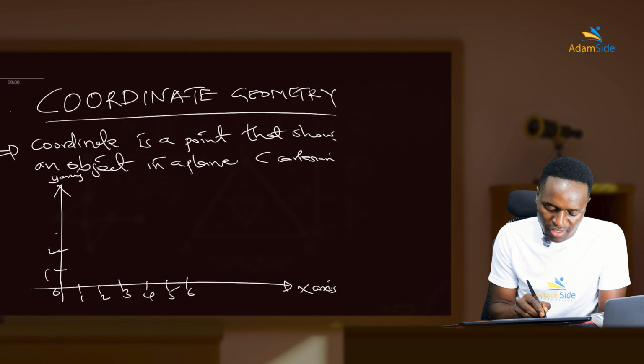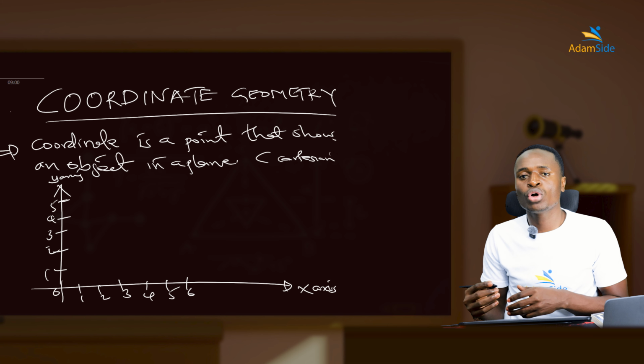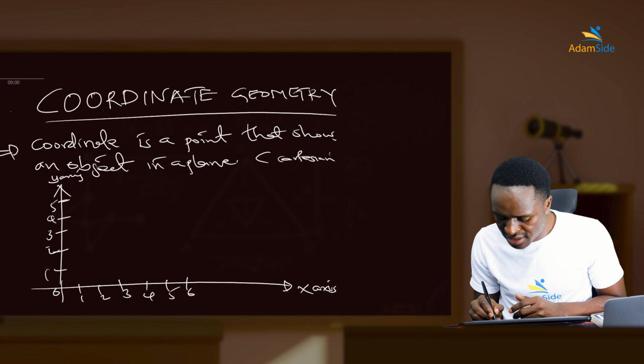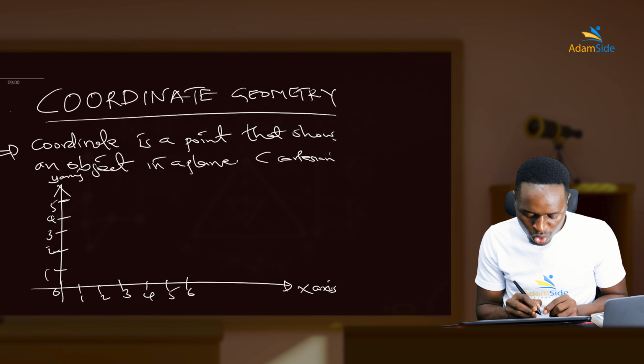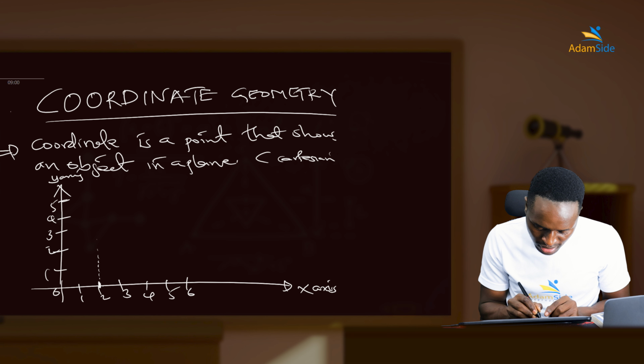Let's say the values of y are 1, 2, 3, 4, 5. For example, when you're talking about a coordinate, we say show point A, a coordinate A that is located at x is 2 and y is 3. So you come here at x, which is horizontal, at 2, and y at 3. This is the point.